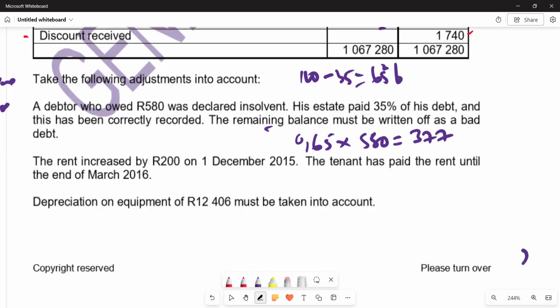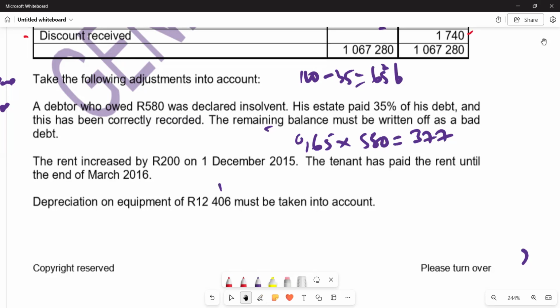So if you come at this point, you see that it's stating that depreciation of equipment of 12,406 must be taken into account. So we need to take that one into account. Let's just go and put that one as our depreciation.